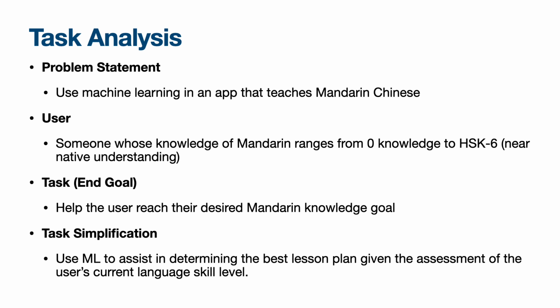The task or the end goal is to help that person achieve their language learning goals. This could range from learning basic pinyin to being conversational to learning more technical vocabulary to help with their job, etc. How machine learning can help with this is that it can use modeling to optimize the lesson plan to help this person achieve their language goal.